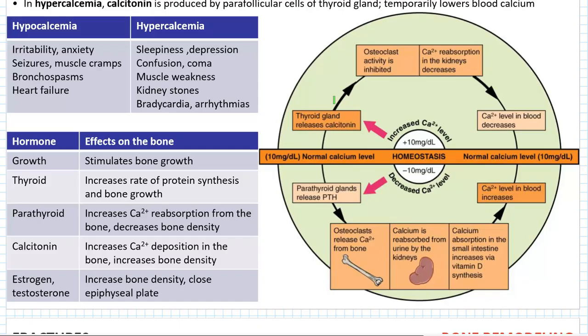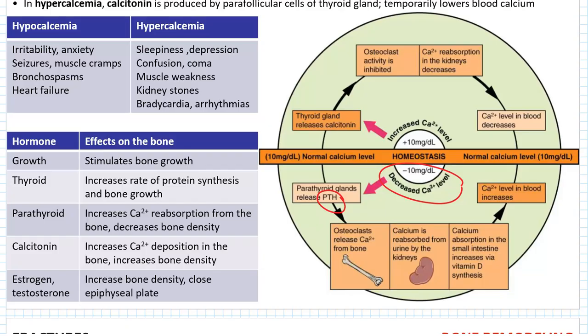Here, to the right. So let's say calcium levels drop. See that? Yeah? In response to dropping calcium levels, your parathyroid gland, which is located in the back of your thyroid gland, produces the hormone called parathyroid hormone, or PTH.